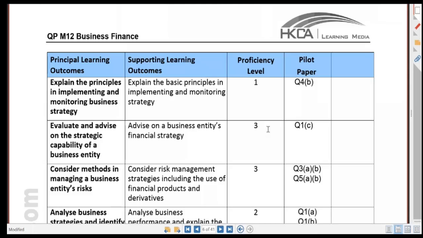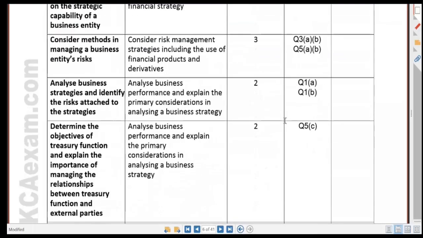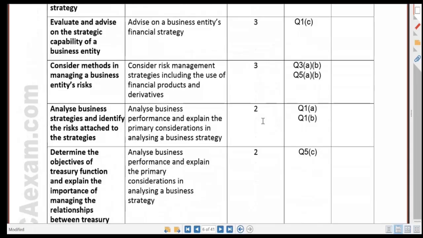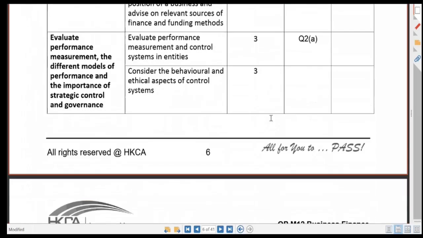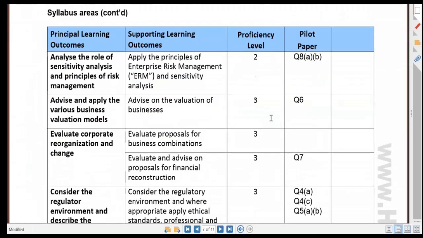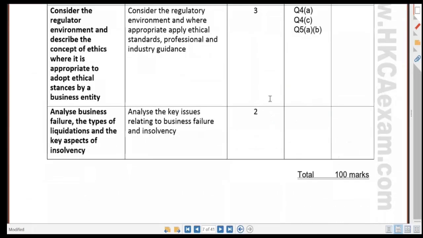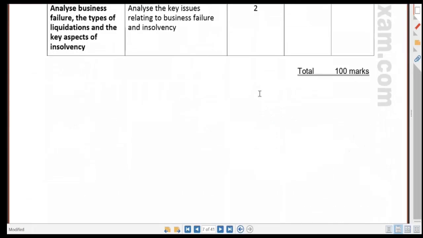So we are talking about integration. You may take a look at this later. You will notice that this is level 1, and the rest are level 3 or 2, mostly 3, out of 100 marks on the pilot paper.